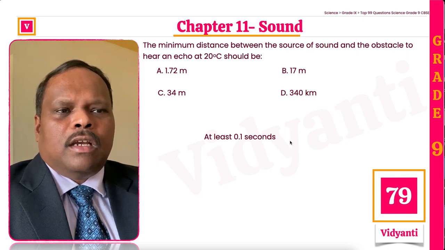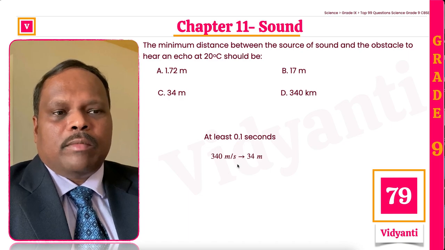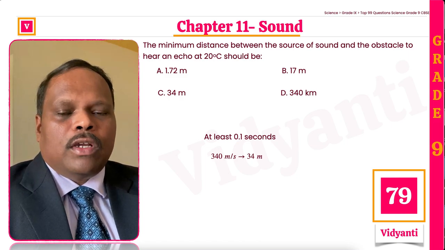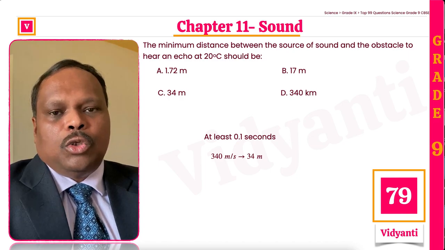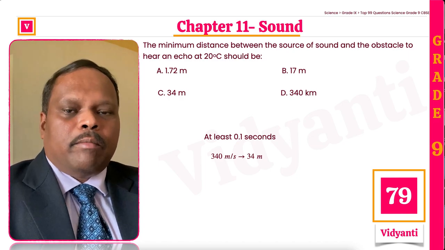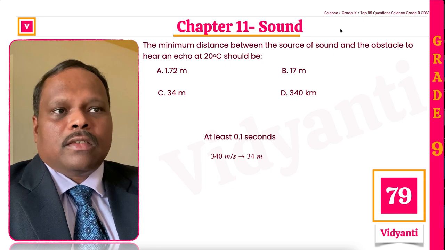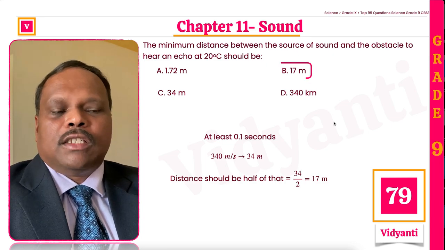So that means that in order to have at least 0.1 second difference, we need to have 34 meter total distance traveled by the sound wave. Now remember, sound wave will travel to the obstacle and reflect back, and so this 34 meters can be split into 17 plus 17. So the minimum distance required between sound source and the obstacle should be half of this, which is 17 meters.